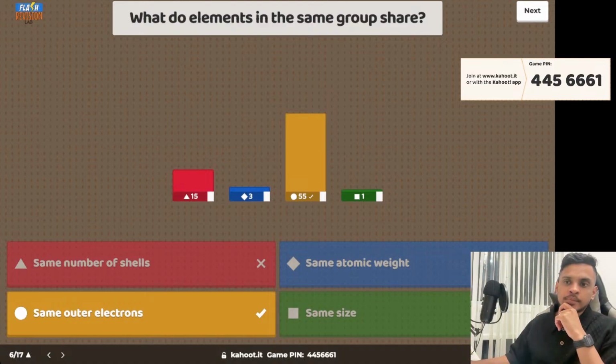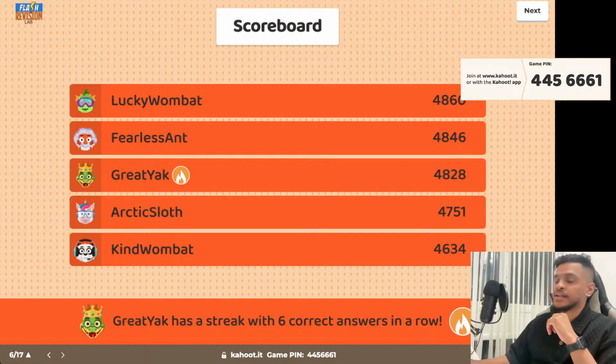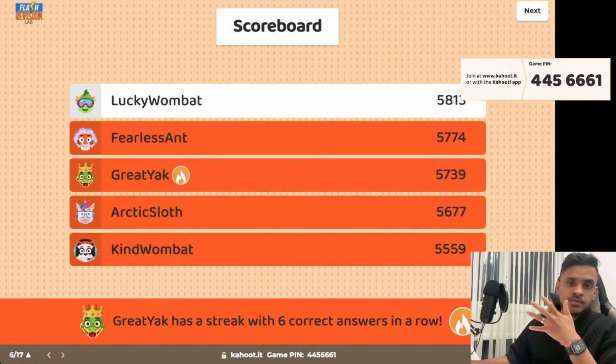Okay, so from the group number you can tell the number of outer electrons in an element. If it's group 5, it means it has 5 electrons on its outer shell. Same top 3, guys. If you just joined us, you can, and then I'll do some questions after this. On to the next question.